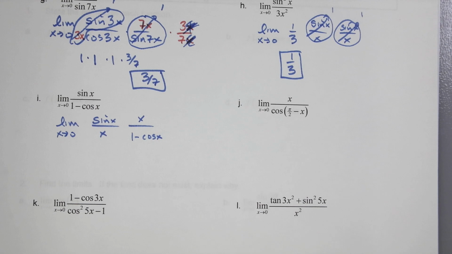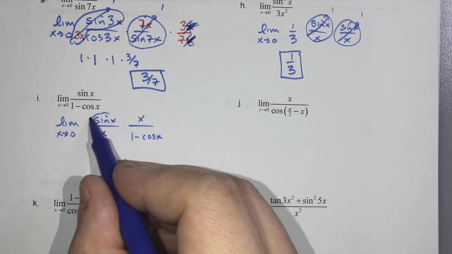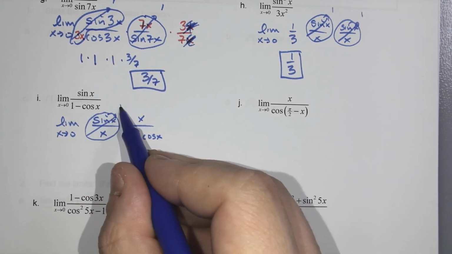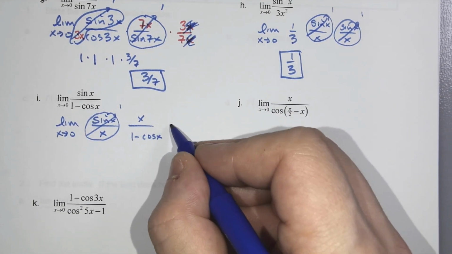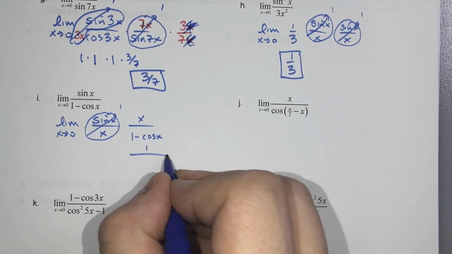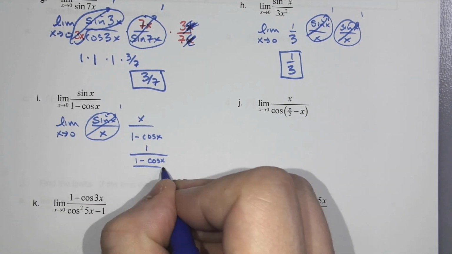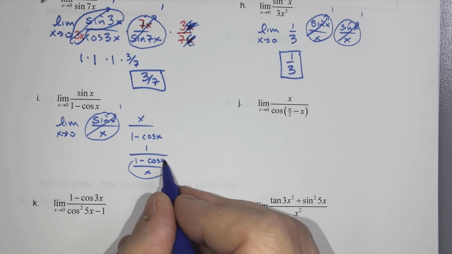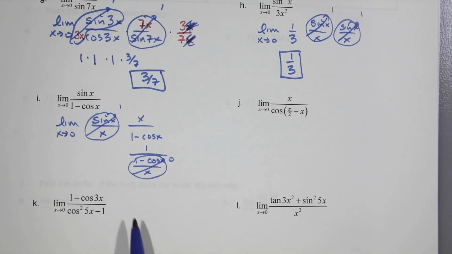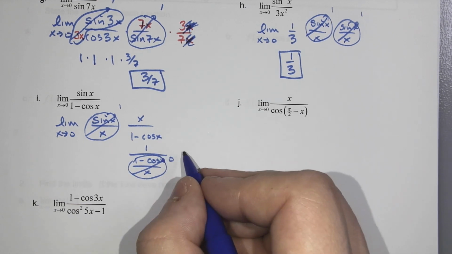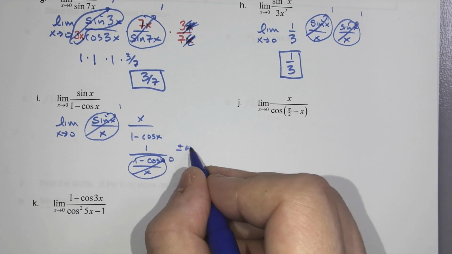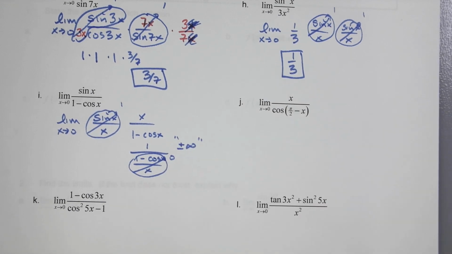So as x goes towards 0, this part is 1, and this part, this time I will need to do the fact that this is 1 over 1 minus cosine of x over x, because this goes towards 0. So I have 1 times 1 over 0, and remind me, what is 1 over 0? 1 over 0 is undefined, the potential plus or minus infinity. So we have to do some extra analysis to see what happens.